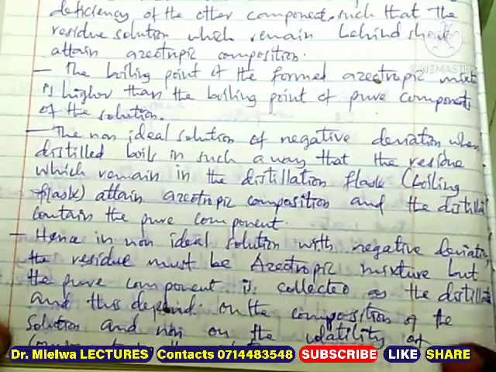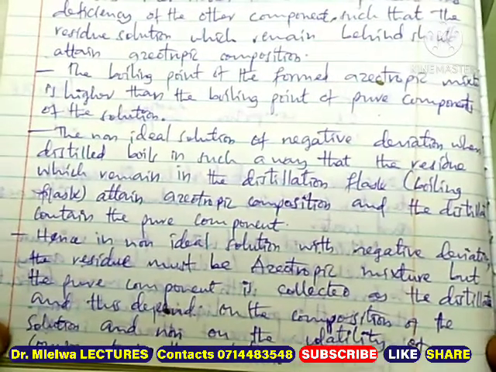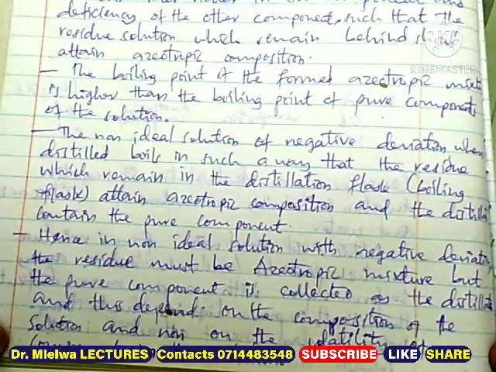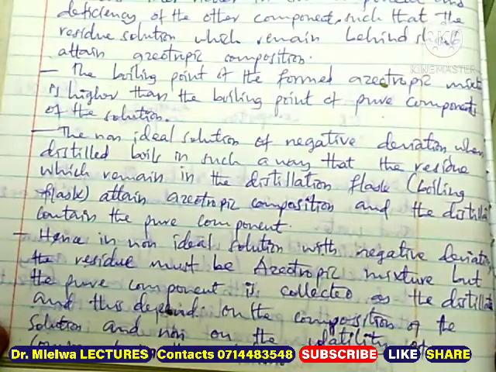If the composition is greater than the azeotropic composition we saw what the residue was, and if the composition is less than the azeotropic composition we saw what the residue was. In this case it is no longer the residue, because the residue is the azeotropic mixture.